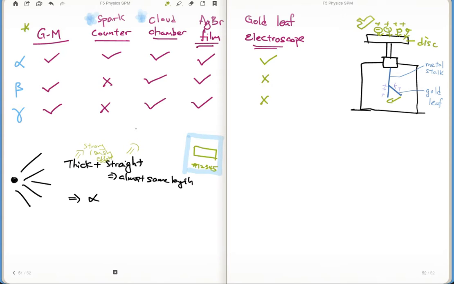Straight line means you have huge mass, so it is not easily deflected. And the same length means equal amount of energy.